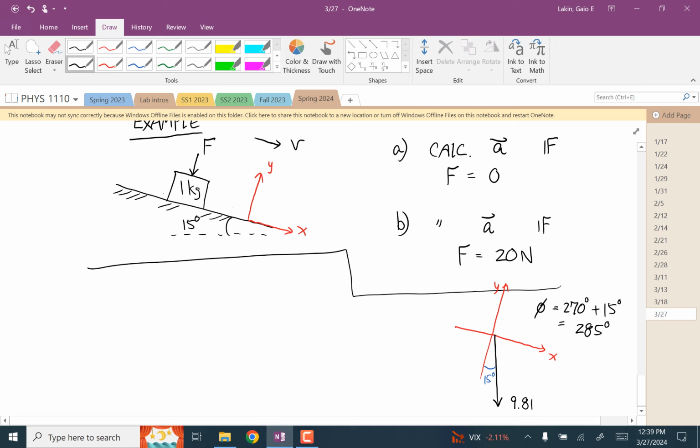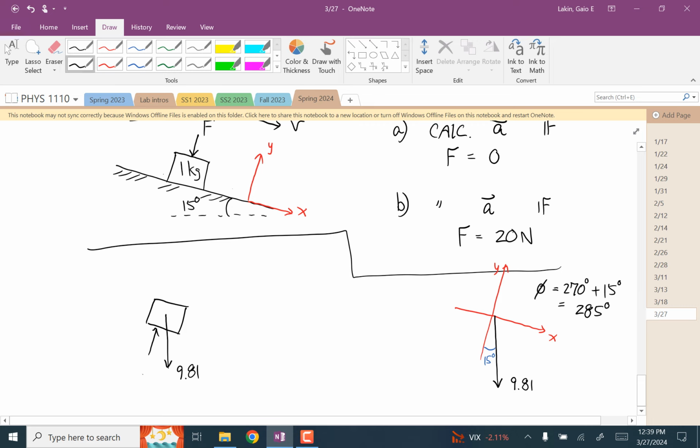Then for the free body diagram, we have the weight. We have the normal force. The friction force is opposite the normal.